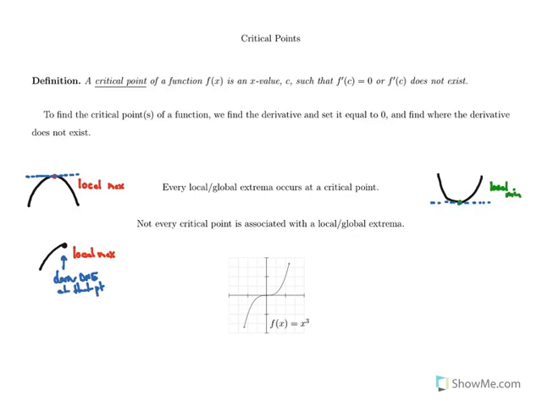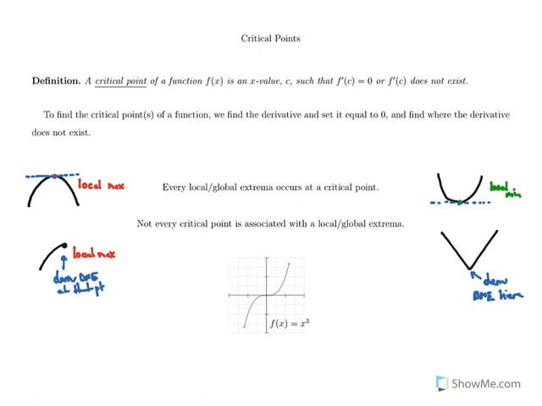We might also have something like the absolute value function, and note that the derivative doesn't exist at this point. So we can convince ourselves that the points that have a horizontal tangent line, meaning the derivative equals 0, or where the derivative doesn't exist, are where local or global extrema are going to occur.